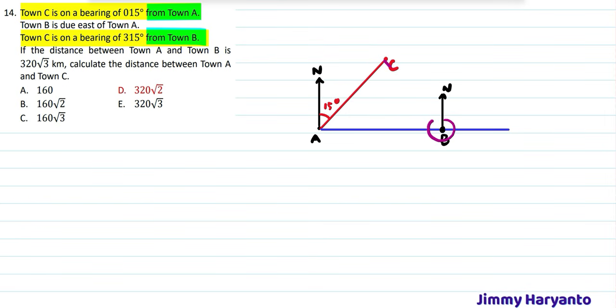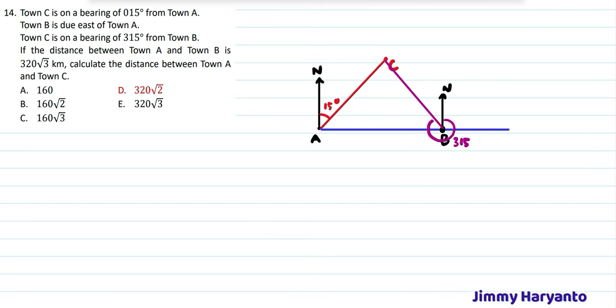Yeah, I think it matches. Like this. Okay, this one is 315. All good. Next is to label the distance of A and B. The distance is 320 square root of 3 kilometers. Next is to calculate the distance between town A and C.